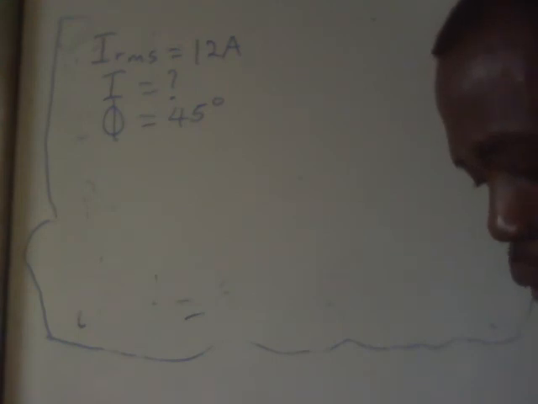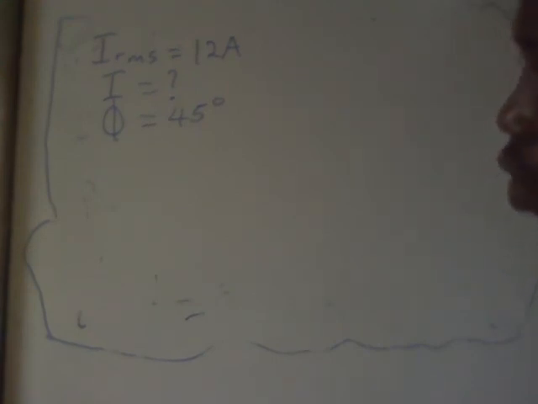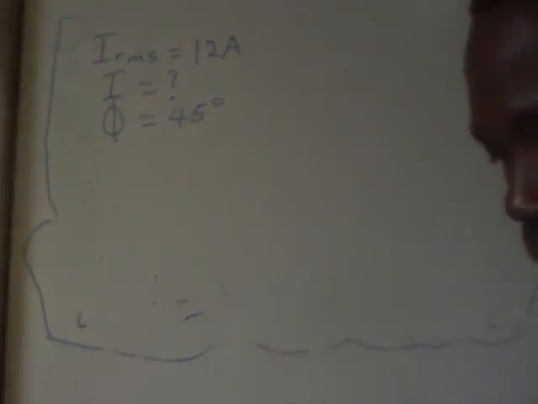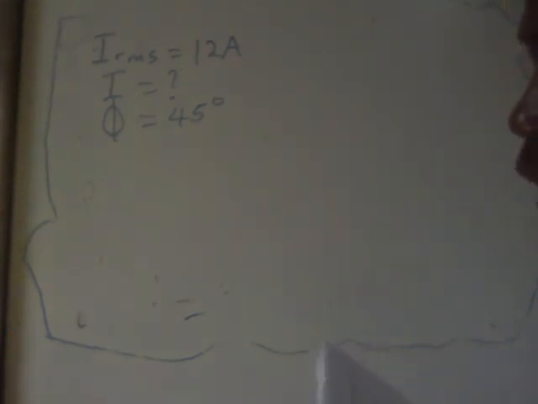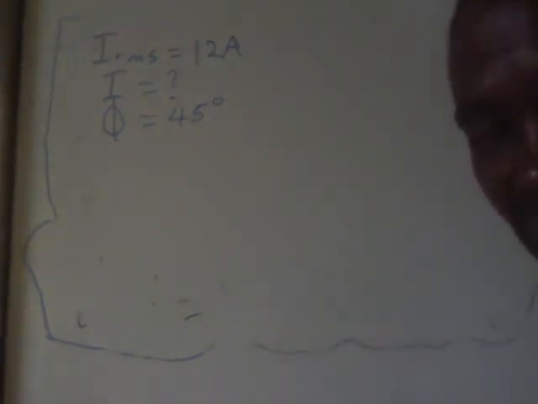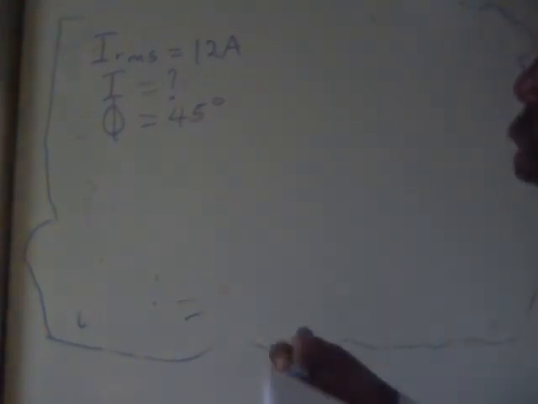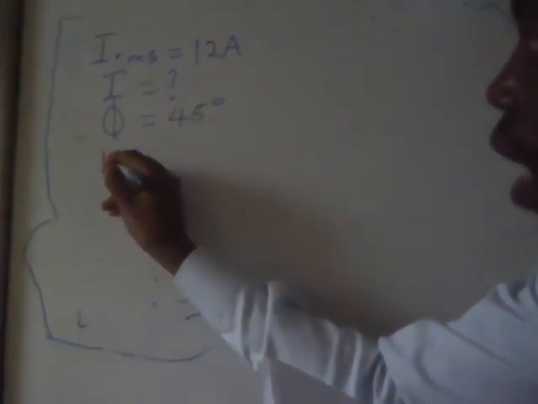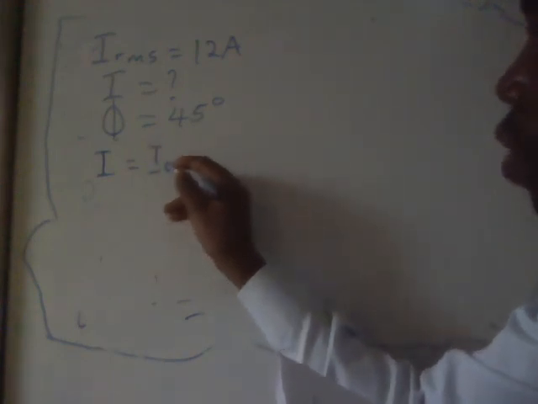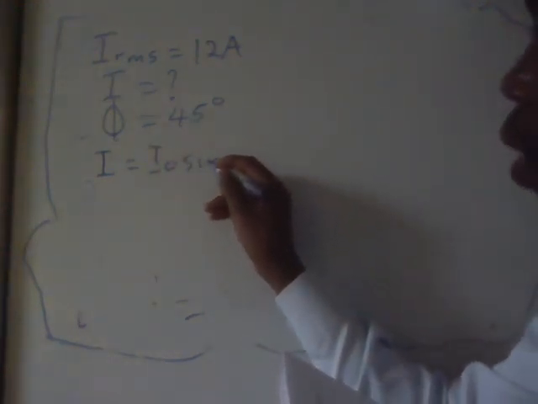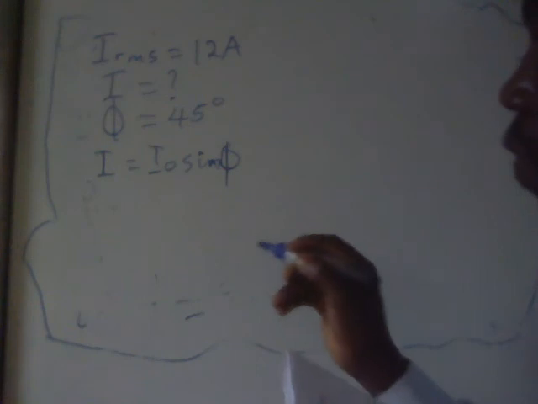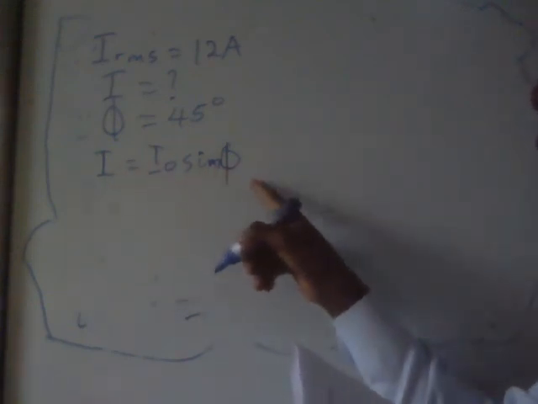So tell me what formula are you going to use here? We have different formulas under this particular topic, alternating current. We have I equals I naught sine phi.